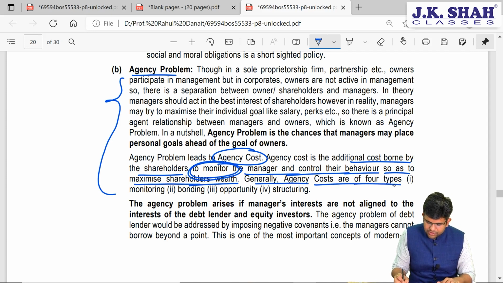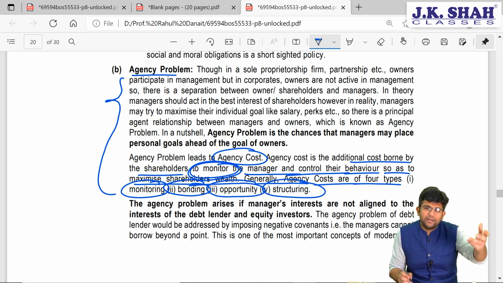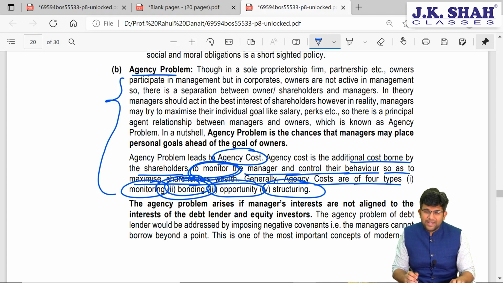Generally, agency costs are of 4 types: monitoring, bonding, opportunity, structuring. Children, you know what monitoring is. They will monitor the decisions of the managers. Bonding means some exercises need to take place to create good bonding between the owners and the managers.